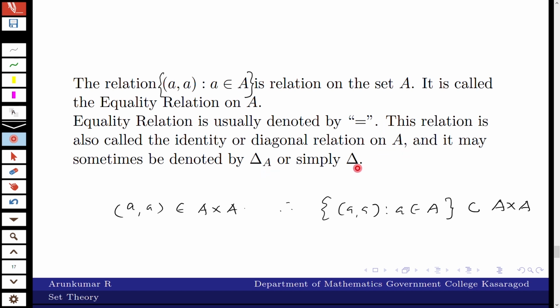It is also called the identity relation or the diagonal relation on A.